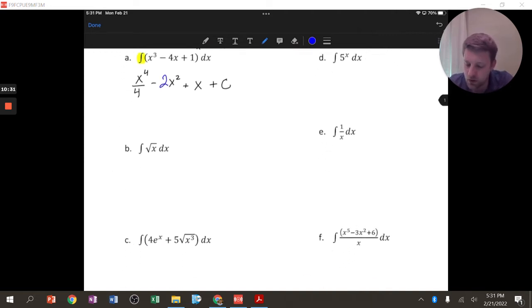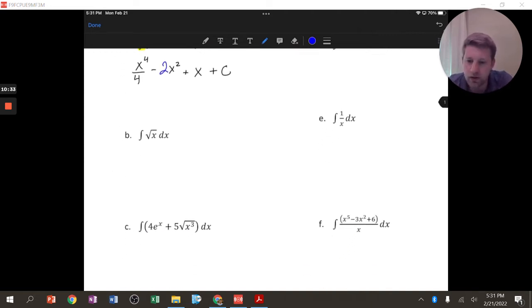We'll go ahead and just go through the letters here. Part B takes a look at the square root function. So again, here's a great opportunity to rewrite this before we take our antiderivative. So we could say that's equivalent to the integral of x raised to the 1/2 power dx. So same rules apply for that kind of antiderivative, power rule there. We want to take x and add 1 to the exponent, making it 3/2, and then we'll divide by that new power 3/2.